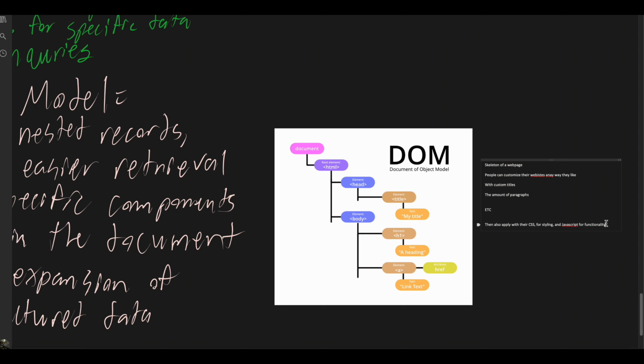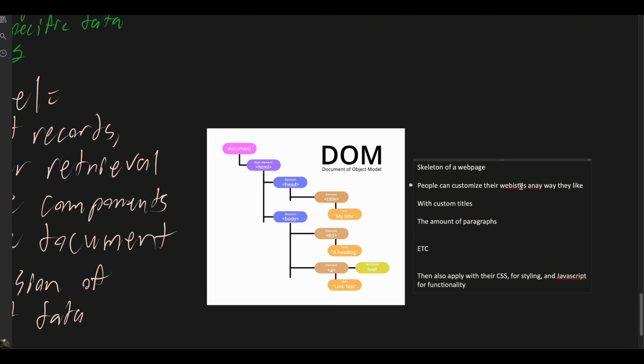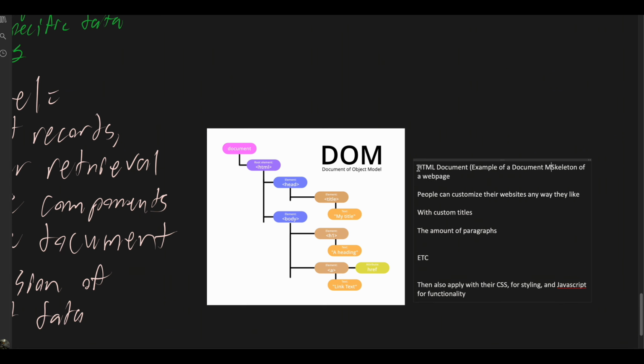Let me just expand upon these to make this bigger. There we go. HTML document, an example of a document model, which is a skeleton of a web page. That's what an HTML is. People can customize.